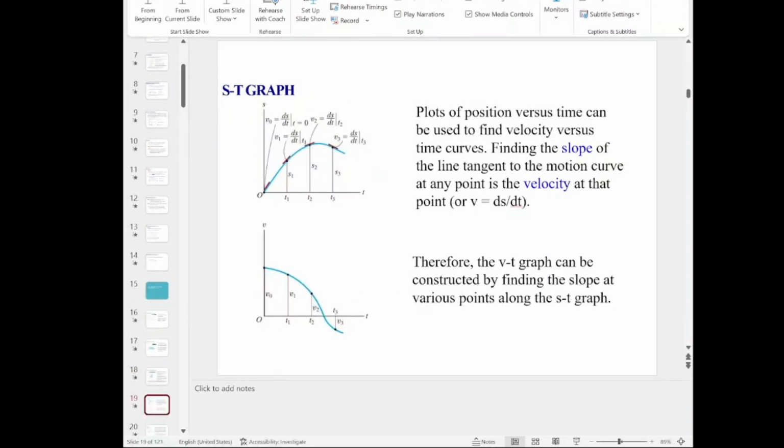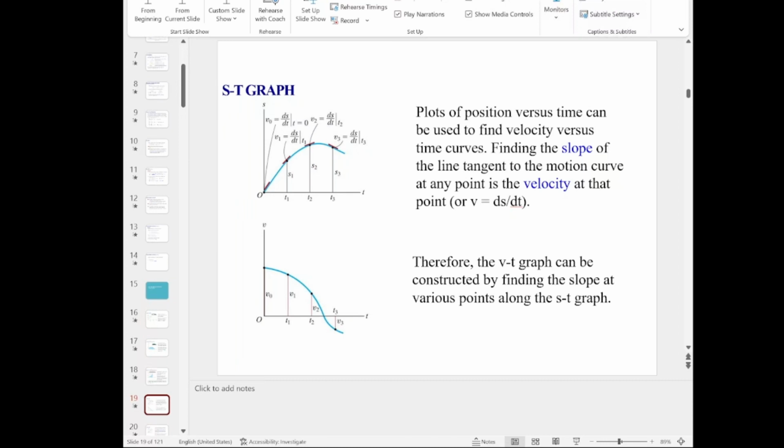Okay, so if you were given the position versus time graph, you can actually determine the velocity at any point in time. And really, it's just the slope of the line tangent. This gives you a quick example of this. So if you're looking for the initial velocity here, you'd evaluate the derivative of the position function with respect to time at t equal to 0.